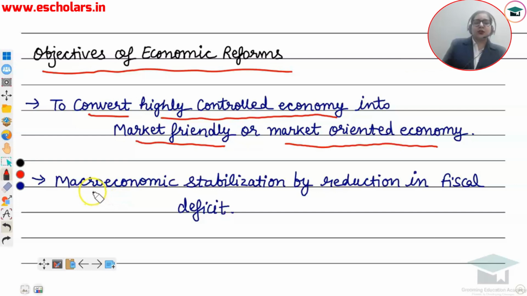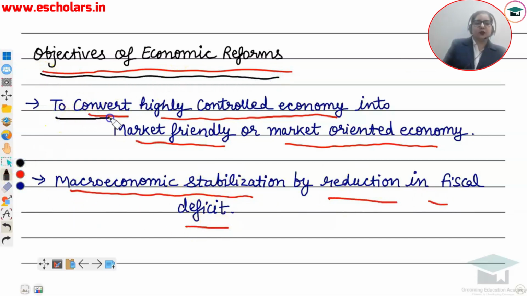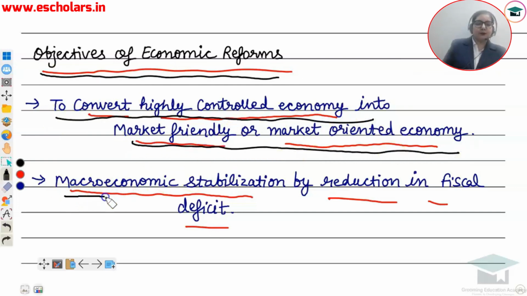Also, the objective is to bring macroeconomic stabilization by reduction in fiscal deficit. So let's recall it till now. Objectives of economic reforms: to convert a highly controlled economy into a market friendly or market oriented economy. Macroeconomic stabilization by reduction in fiscal deficit.